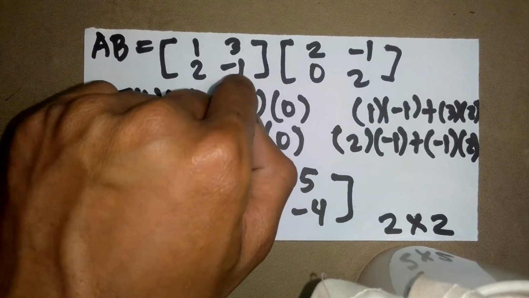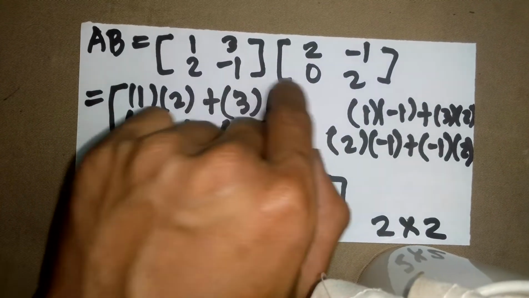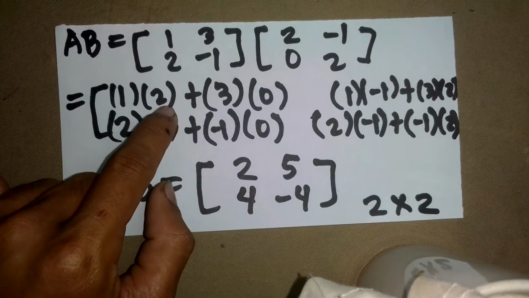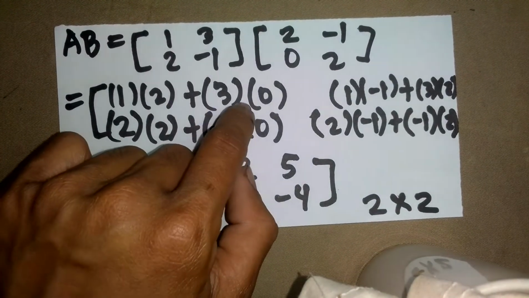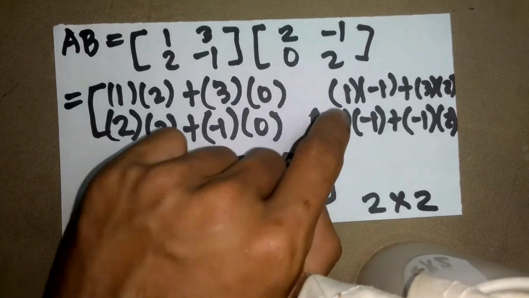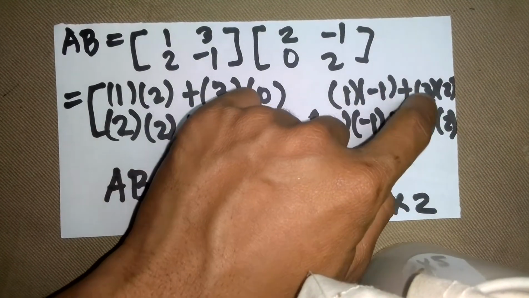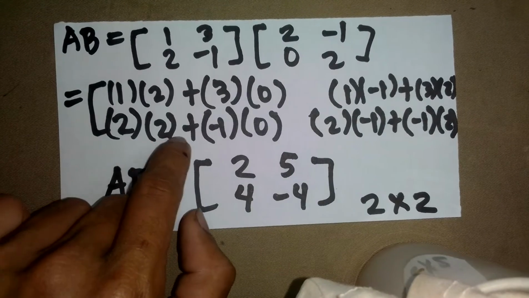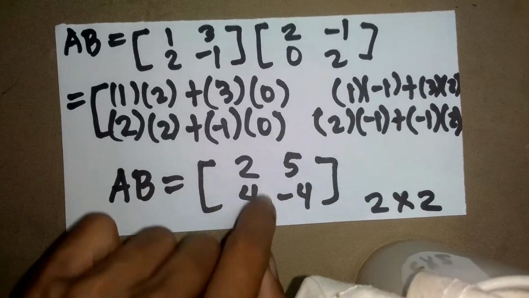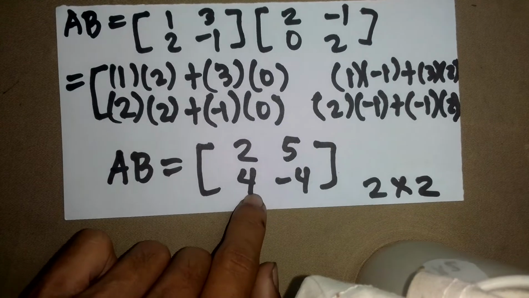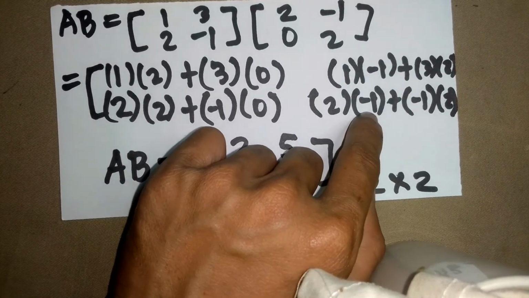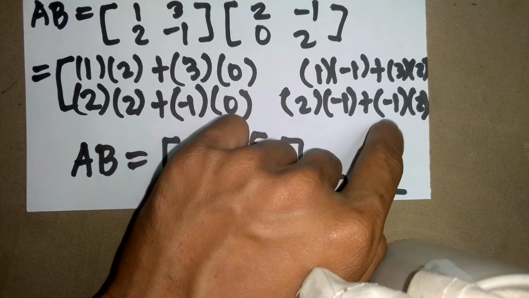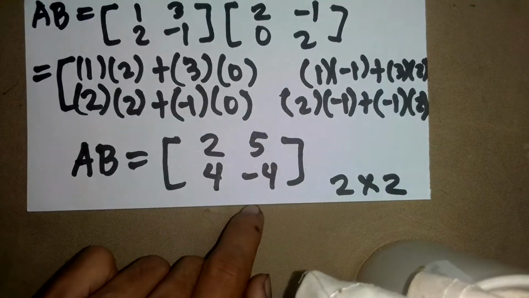So 1 multiplied by 2 plus 3 multiplied by 0 is equal to 2. 1 multiplied by negative 1 plus 3 multiplied by 2 is equal to 5. 2 multiplied by 2 plus negative 1 multiplied by 0 is equal to 4. 2 multiplied by negative 1 plus negative 1 multiplied by 2 is equal to negative 4.